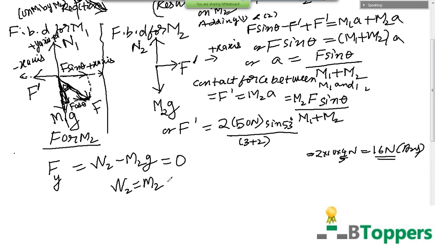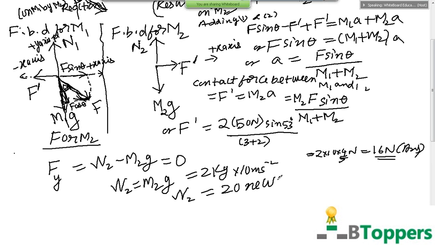So N2 is equal to M2g. M2 is given to be 2 kg and g is given to be 10 meter per second square. So the magnitude of the normal reaction force on M2 by the floor is 20 newton. Or you can say the magnitude of the contact force between the second mass M2 and the floor is 20 newton. So for the third part of the question, the answer is 20 newtons.